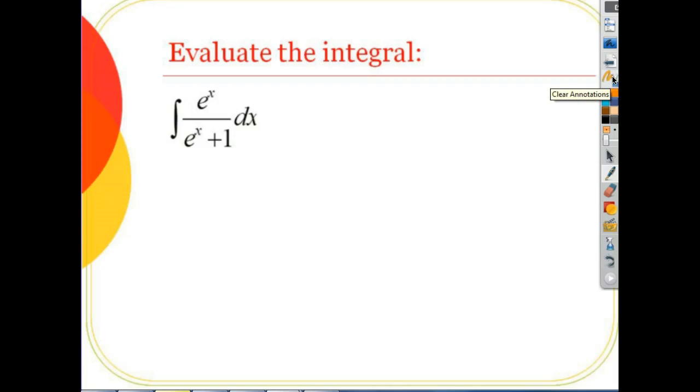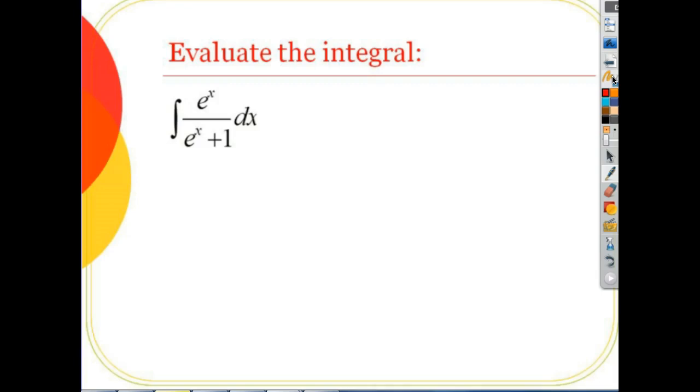So what am I going to make my u? If I make it e to the x and I leave out the plus 1, try it. Yeah, do e to the x plus 1. Why would I want to include the 1? What would be nice about including the 1 versus not including the 1?